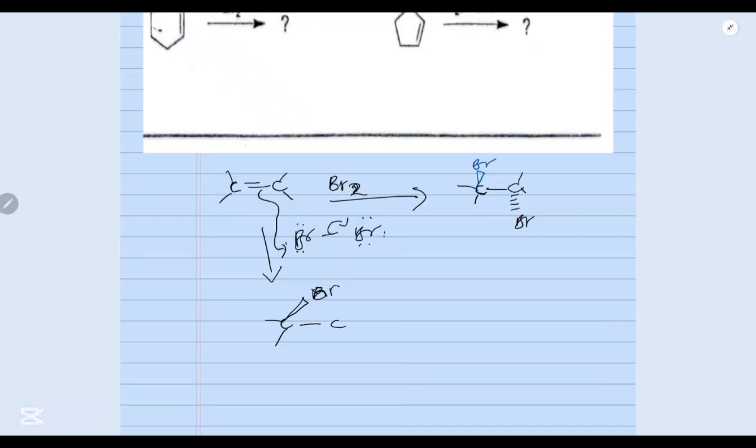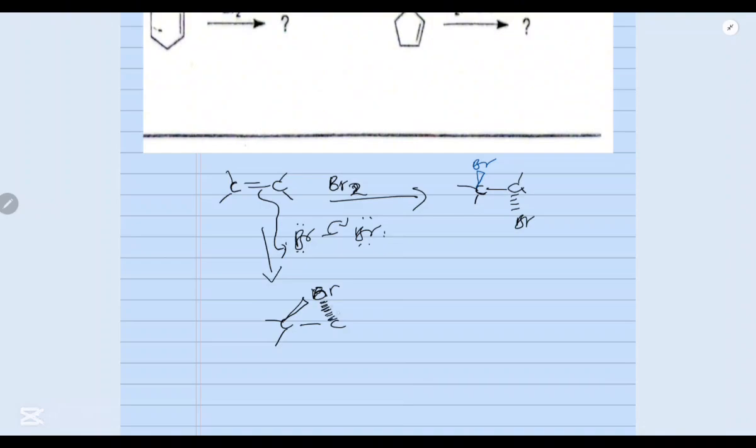So now the bromine has a behavior of closing the upper part. This part is being closed.